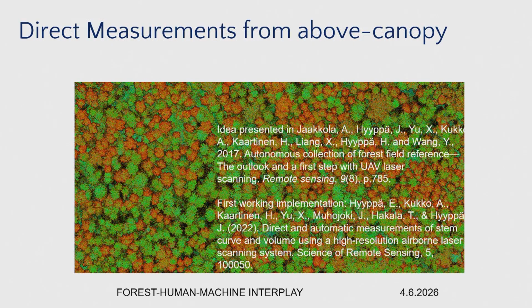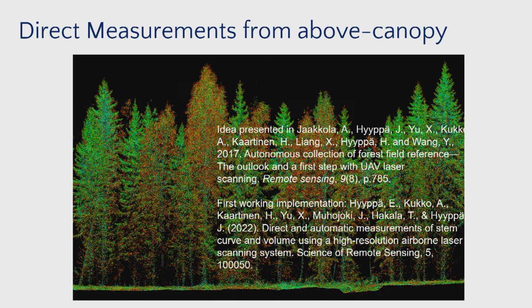So we concluded that it's more accurate to estimate it than measure it directly. But in 2022, we put a RIEGL VUX on a helicopter. We tilted it 15 degrees to get more hits from the tree trunks. And then basically we found out that we didn't find all the trees.